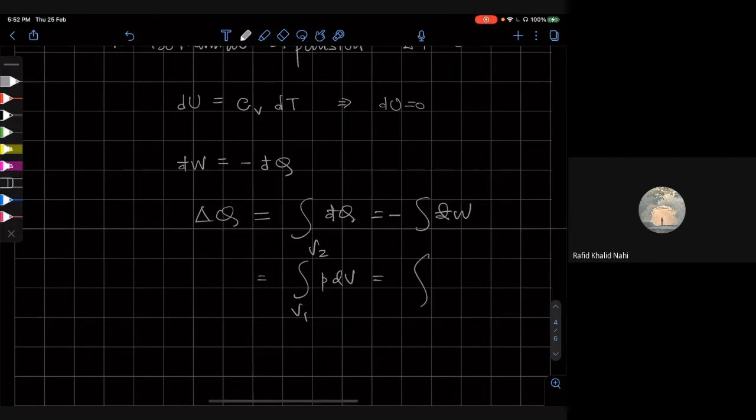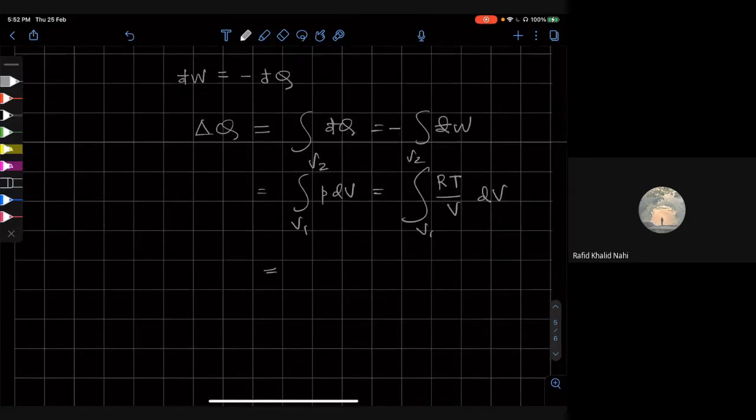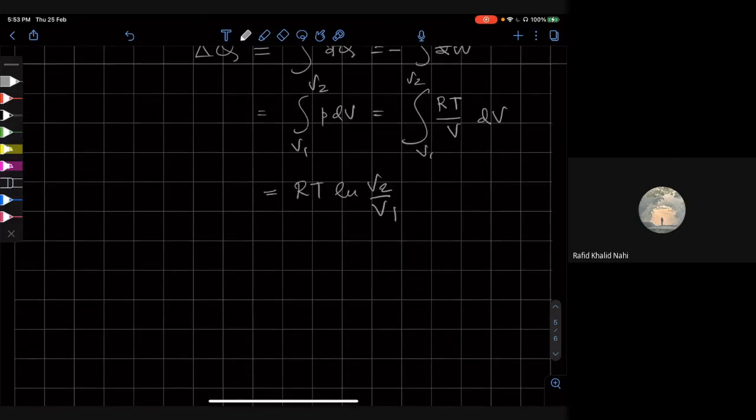For the ideal gas, it's the integral from V1 to V2 of RT by V dV, and therefore this is going to be RT log of V2 over V1, right? So we see that if V2 is greater than V1, delta Q is going to be positive, right?